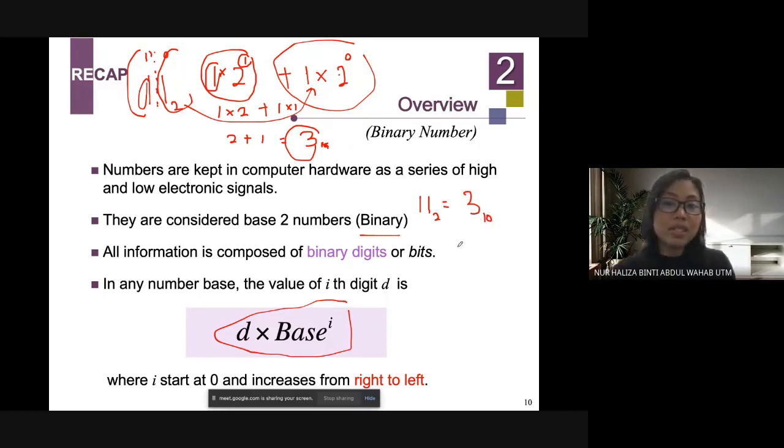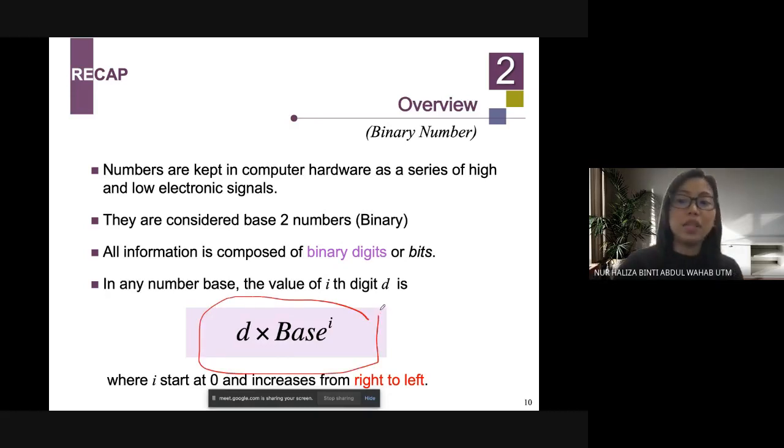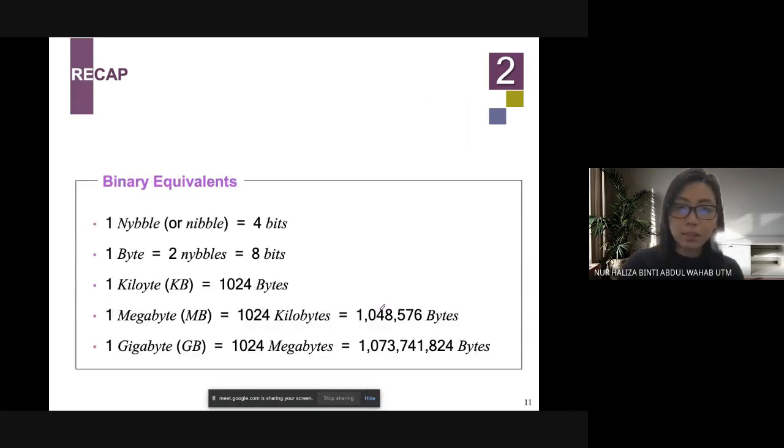Normally you are using decimal, right? So this is the value of your binary number. That's why you're going to use these equations in converting any kind of numbering system. For those who already know, don't feel bored, because I just want to refresh your memory on how and why you use these equations for your numbering system.